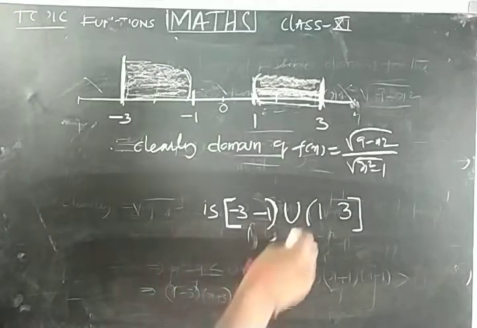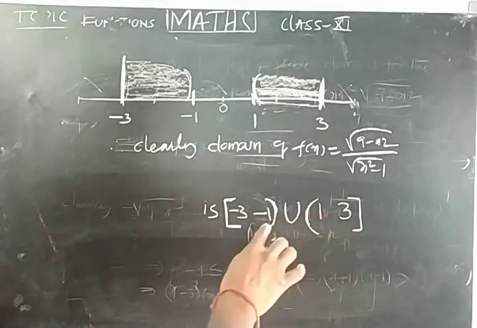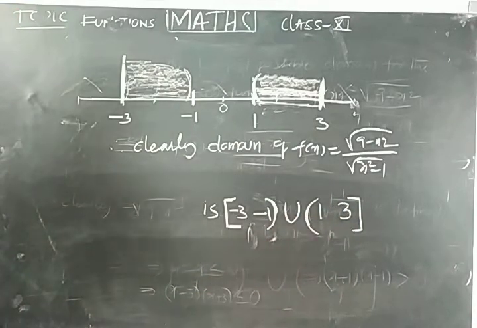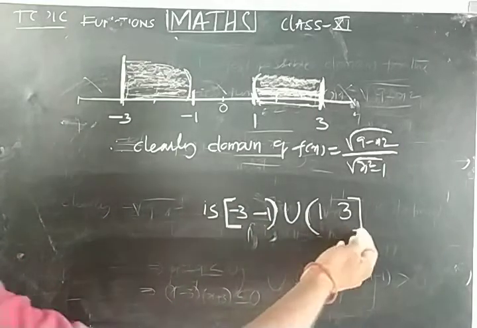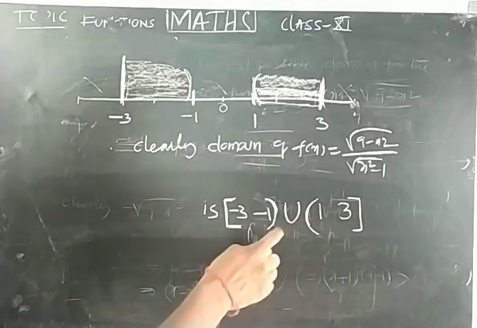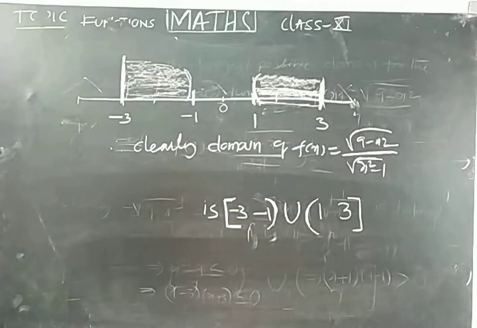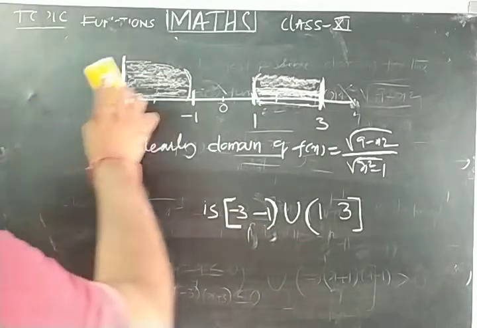This is the required domain. 1 is not included, minus 1 also not included, but between 1 to 3 and minus 1 to minus 3, you can take including 3 and minus 3 also. This is the required domain.